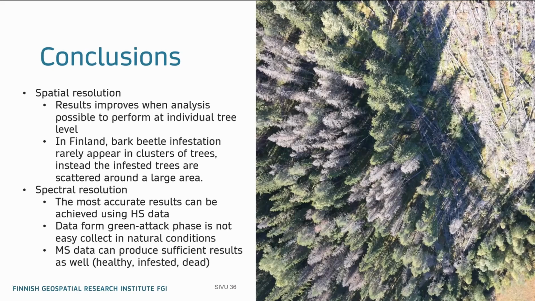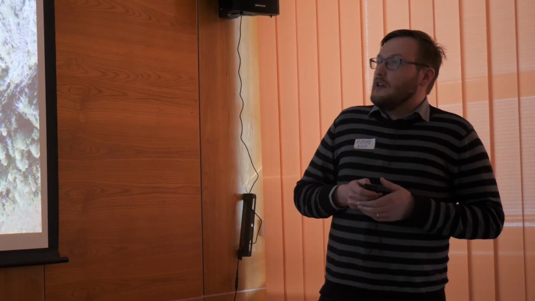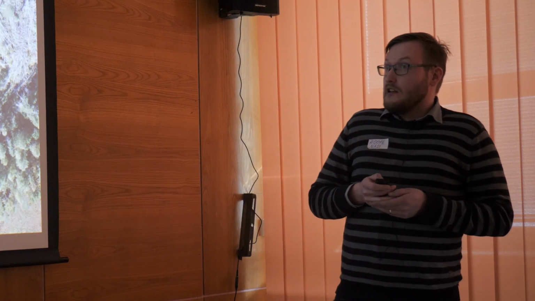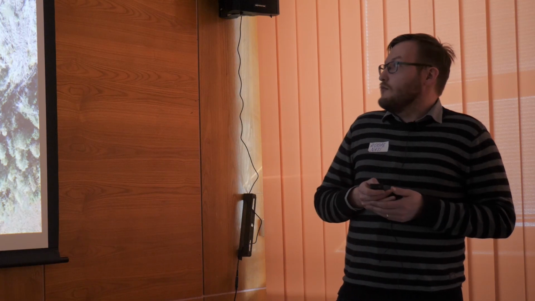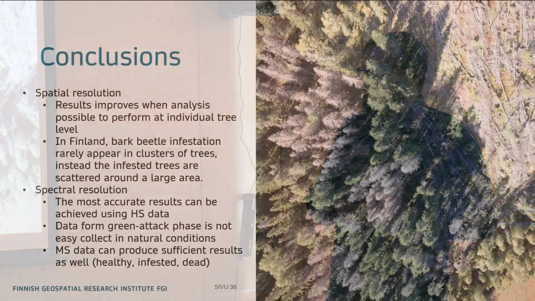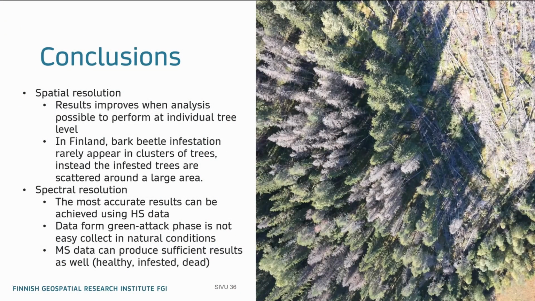And especially in Finland, bark beetle infestations rarely appear in clusters of trees, which is maybe the case in Central Europe. Instead, the infested trees are scattered around a large area. So that's why in Finnish conditions individual tree detection would maybe be the most accurate way to do the analysis. And about the spectral resolution, we have noticed that the most accurate results can be achieved using hyperspectral data.